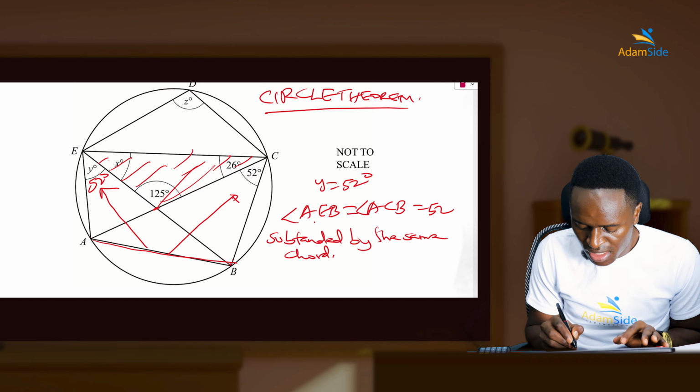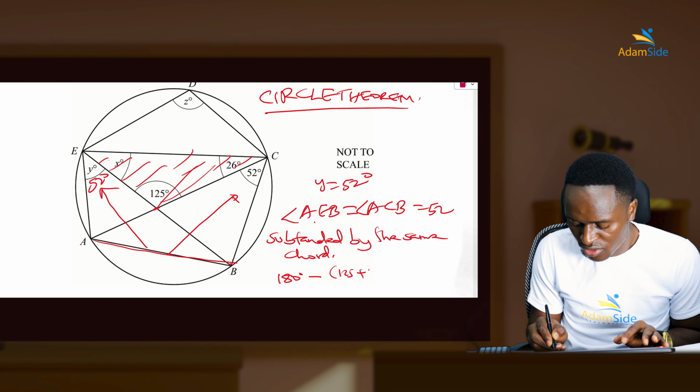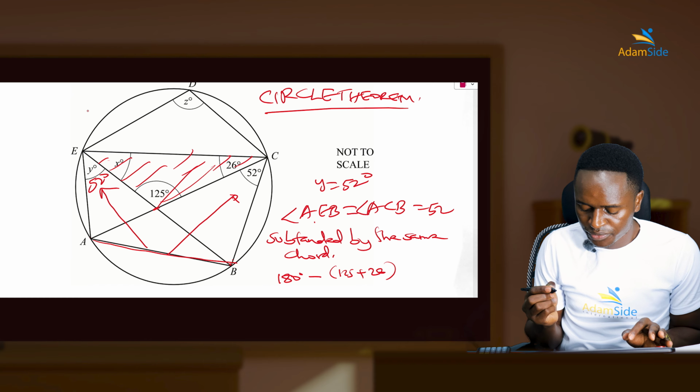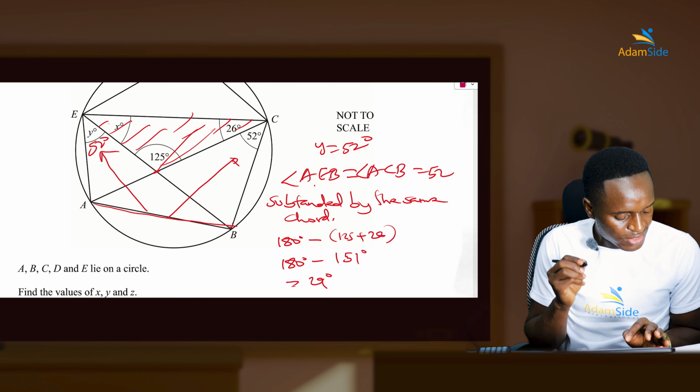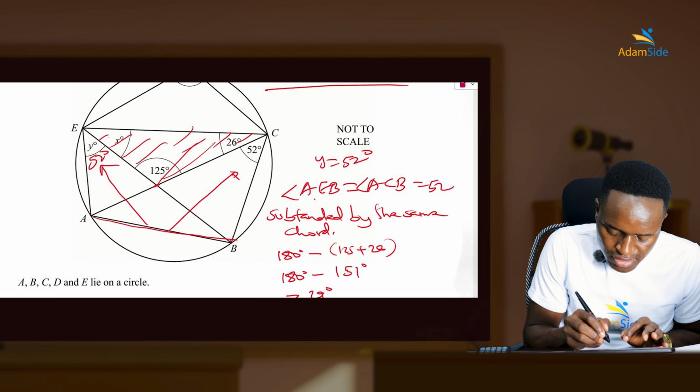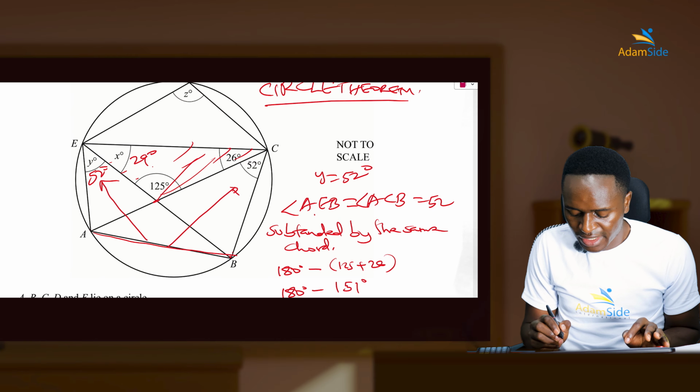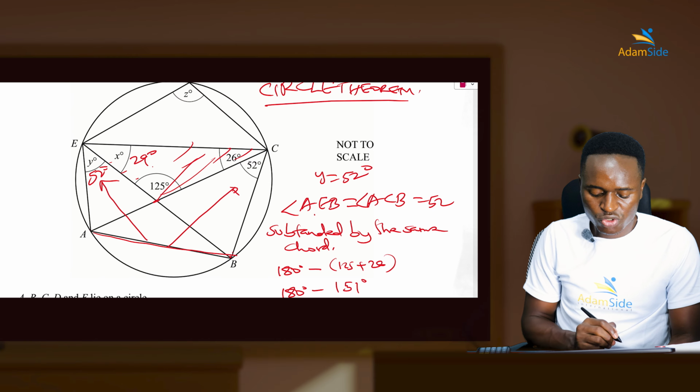It's easy. So you say 180 degrees minus the sum of 125 and 26. That's 151 degrees. What do you get? You get 29 degrees. So angle X is 29 degrees. Correct.